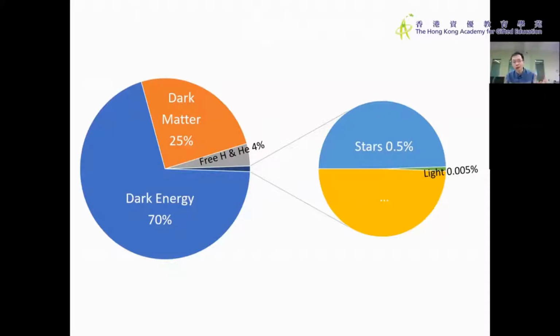For our imagination, the interesting thing is about 0.5% of the stars, and also light, okay? Our observable light is 0.005% of our universe, and so on. So the matter that we are familiar with actually takes a very small percentage of our universe.